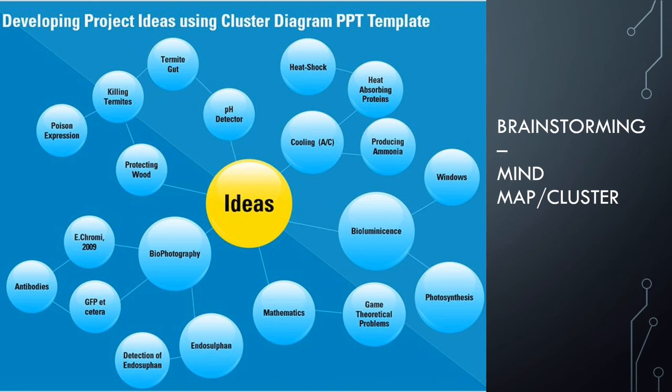You can start with your idea. If you really like the concept of using push buttons, you could say, okay, what can I do with push buttons? And so you would branch off, and one branch could be using them to control LEDs. Another branch, you could use a push button to control another sensor, and things like that. And so you can use a mind map as one of your brainstorming techniques.